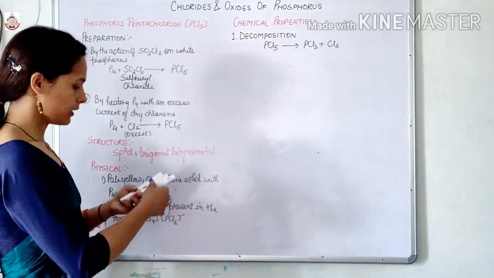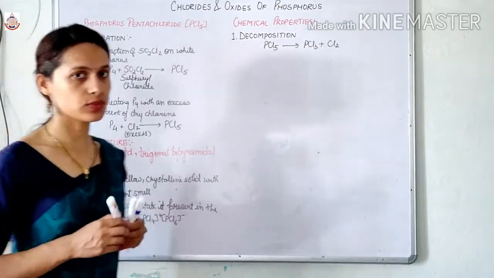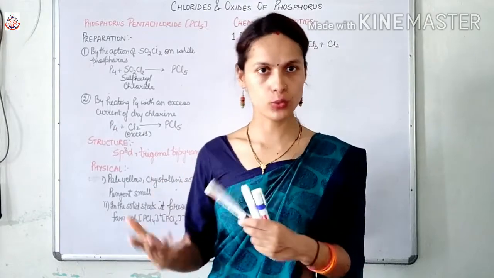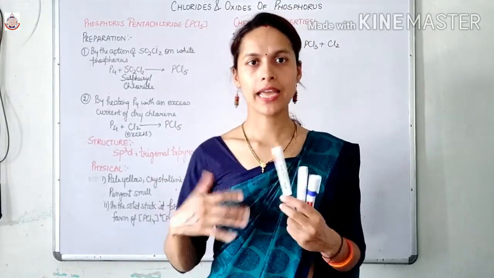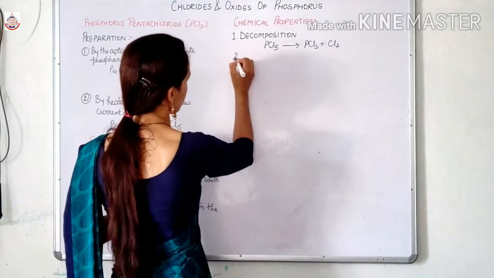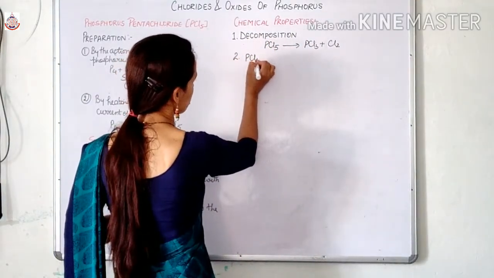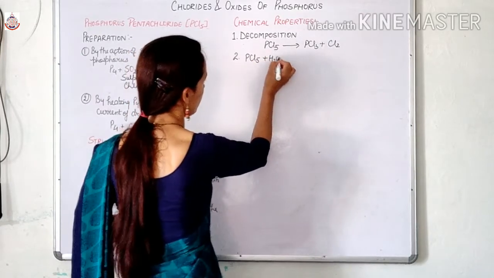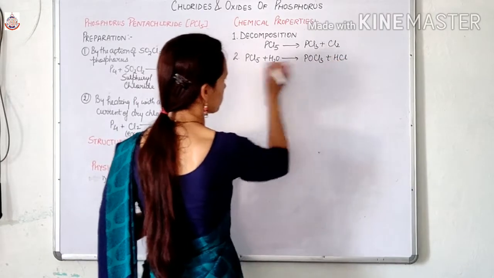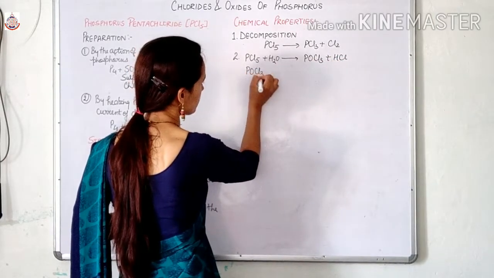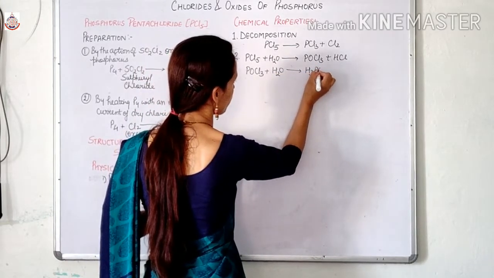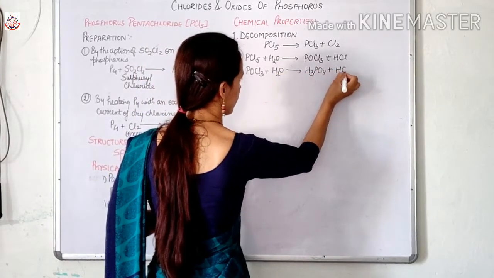Now the next property is it reacts with water, but the reaction occurs in 2 steps. Though it reacts with water like PCl3, the reaction occurs in 2 steps. So when PCl5 reacts with water, first of all it will form POCl3. And when this POCl3 reacts with water, then it forms H3PO4 plus HCl.